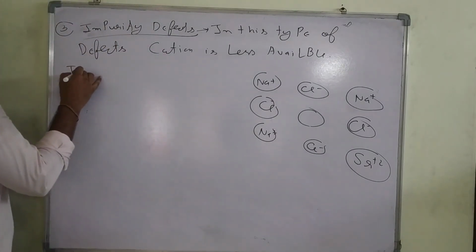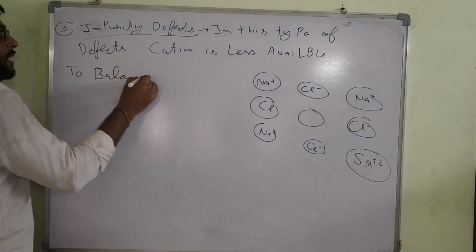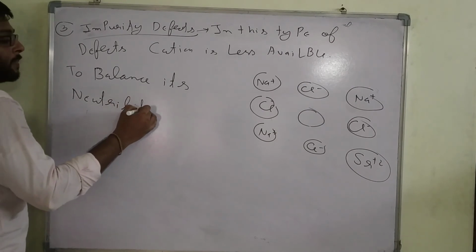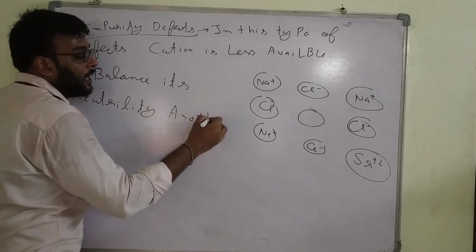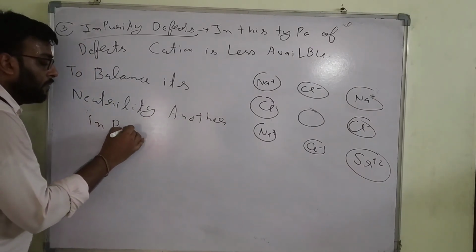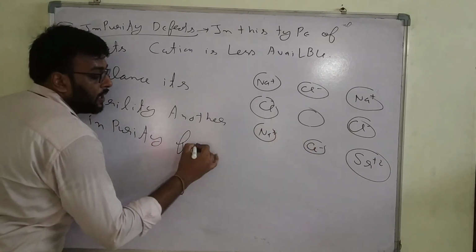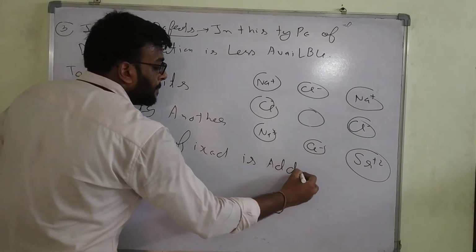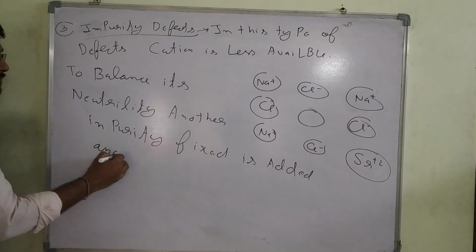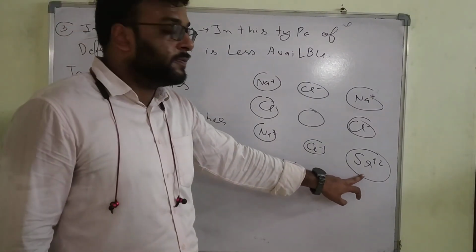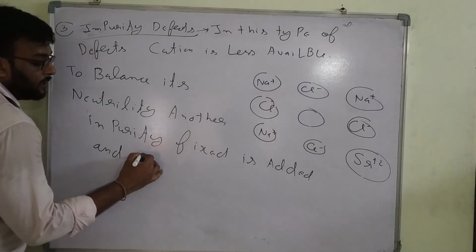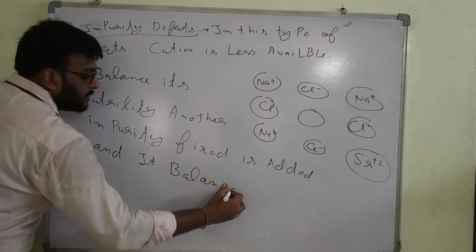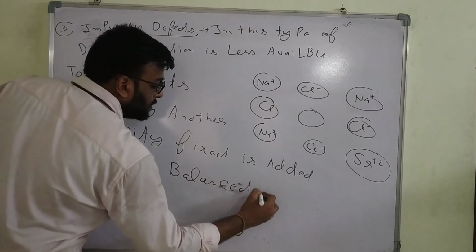To balance its neutrality, another impurity in a fixed proportion is added, and it balances the neutrality.